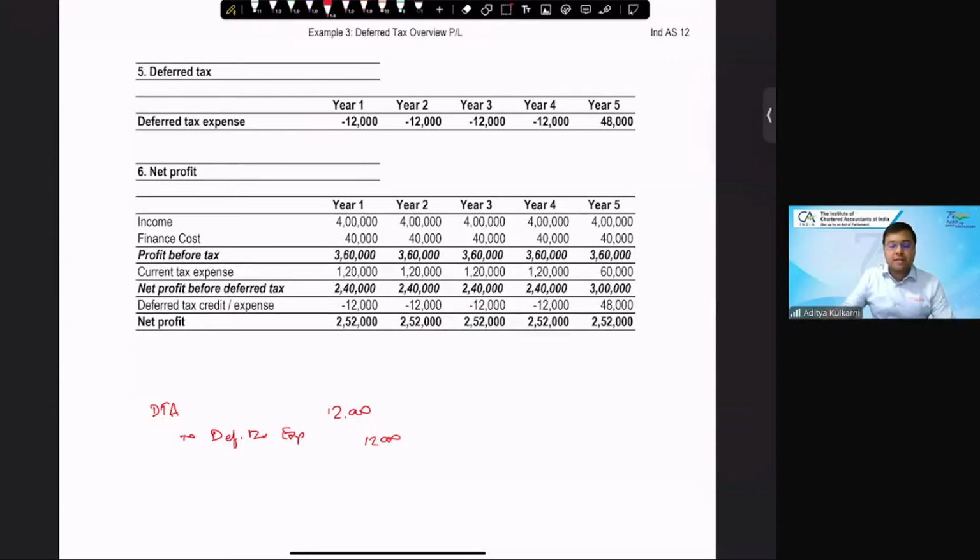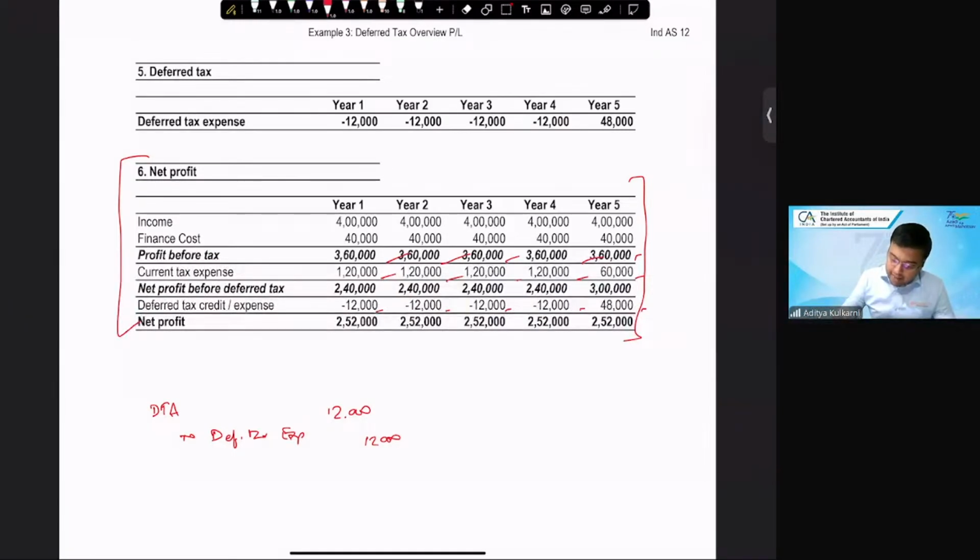And in the fifth year, this cumulative 48,000 you are going to reverse: deferred tax expense account debit to deferred tax asset. So you can see what happens by introducing this deferred tax. 3,60,000 profit before tax, current tax expense 1,20,000 for the first 4 years and 60 in the fifth year, and deferred tax of -12 for the first four and 48,000 for the fifth year.